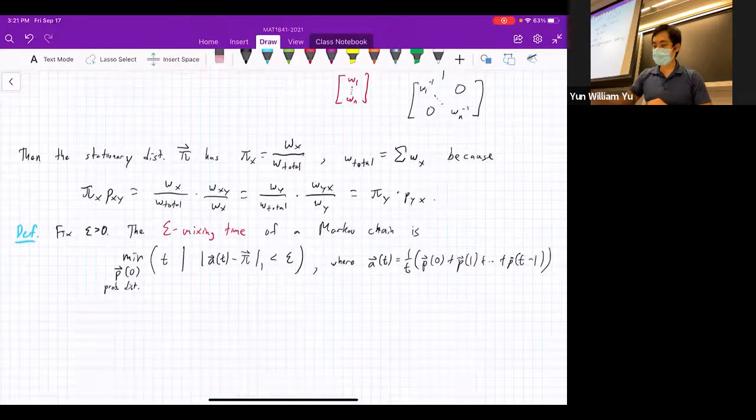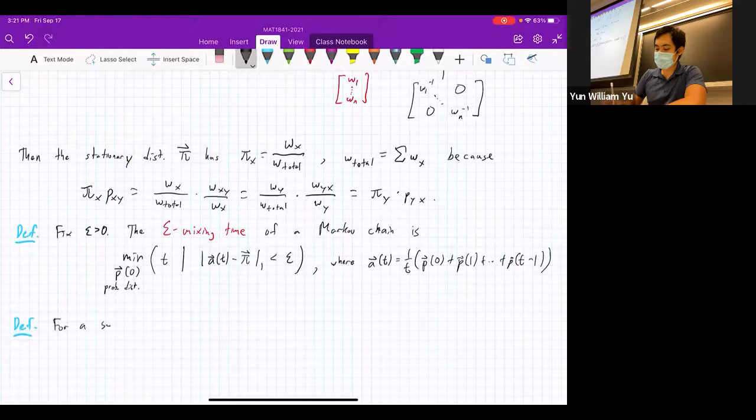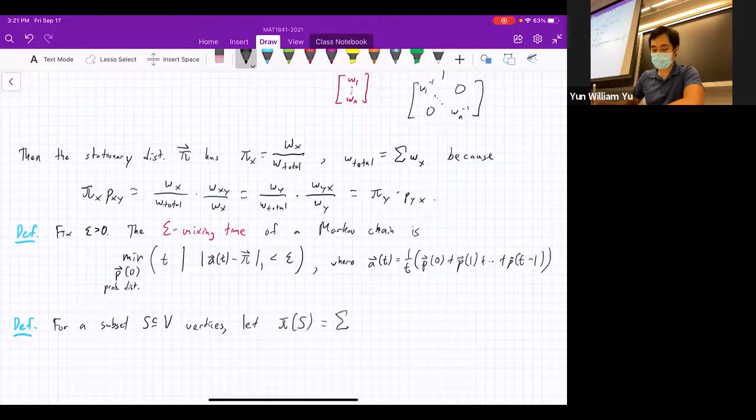And so we're going to define a term called conductance that formalizes these notions. For a subset S of our vertices, let's first define pi of S as the probability mass in all of that subset of the vertices, the probability mass at stationarity.